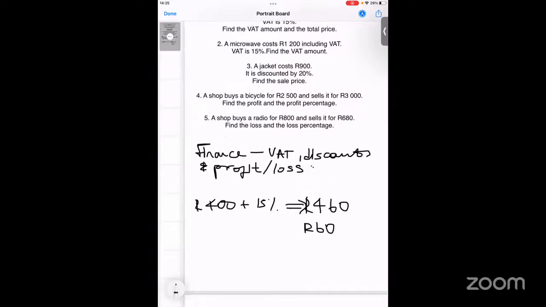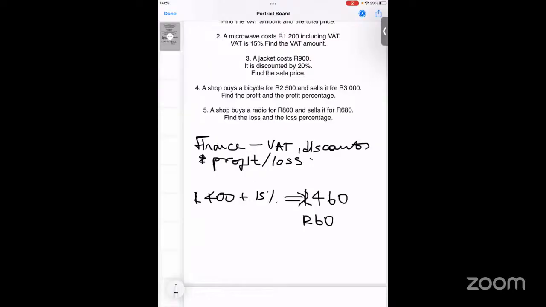So I'm just trying to say, let's try to do that same calculation. In this case, it will be 15 over 115 of that 460. It's like I'm saying you have paid 15% extra for you to get to 460.